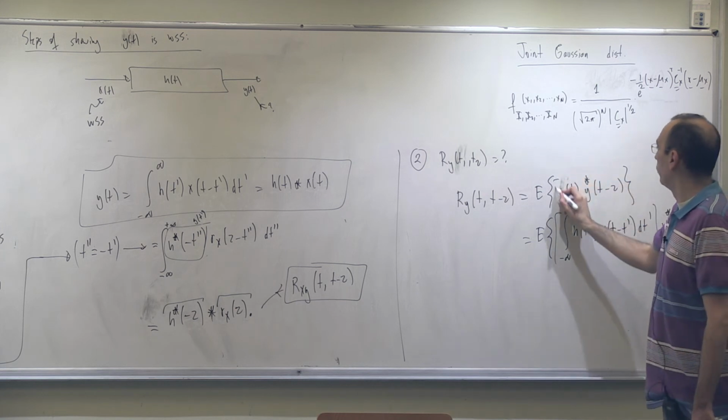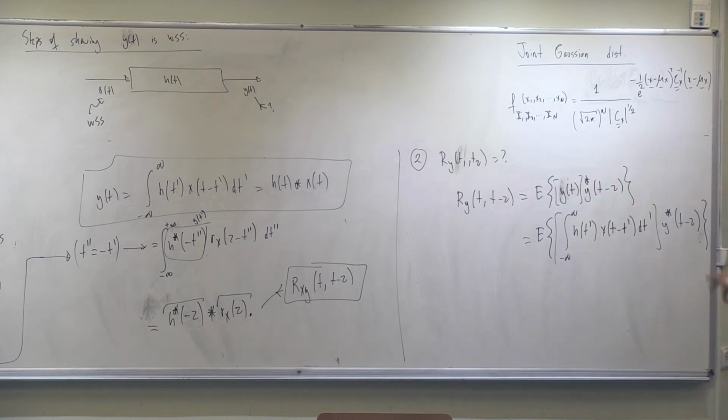So this is y(t), and I have y(t minus tau).